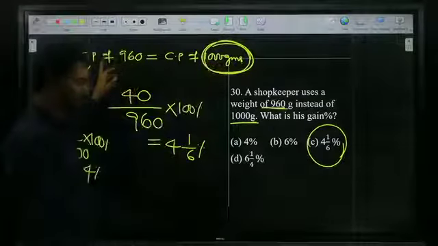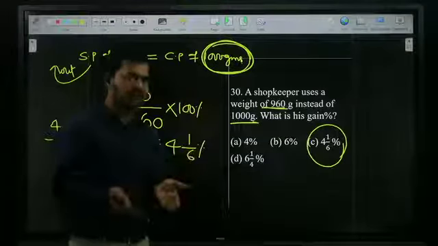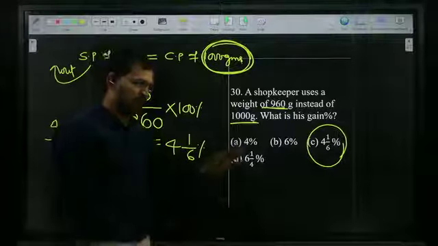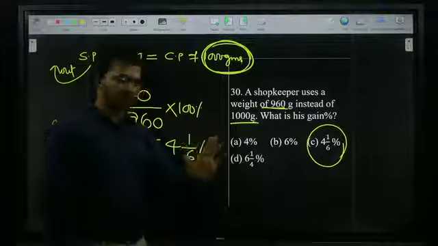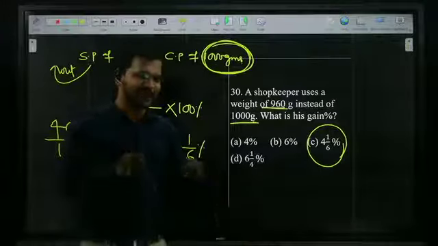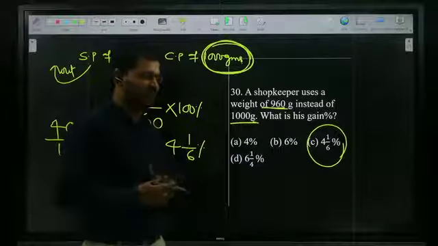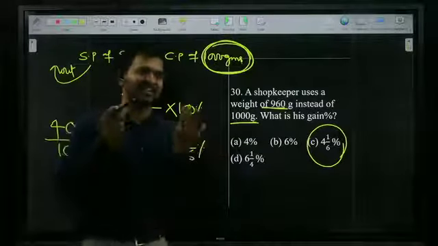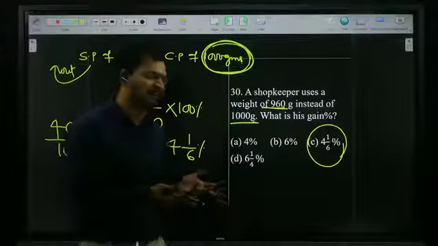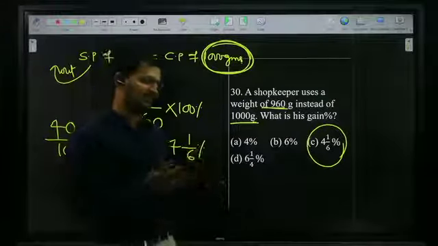The true weight here is 960. They said it is 1000 grams, but in reality it is only 960 grams, because they gave only 960 grams. Are you okay, Prasad?